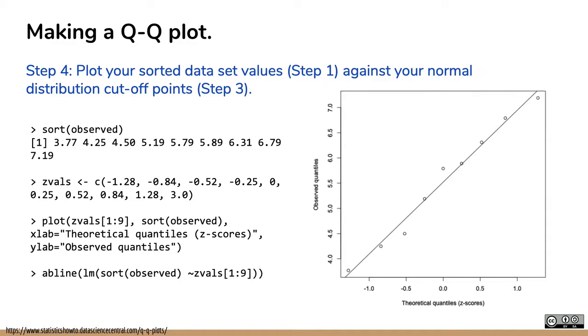Oh, so the QQ plot knows how to scale your theoretical versus your data, where your data actually ranges a little differently from the z? Yeah, thank you for asking that. That's one of the beauties of the QQ plot. It doesn't matter what the range of your values is. What matters is how many values there are. So if there's 9 values, it's going to know to break it up into deciles.